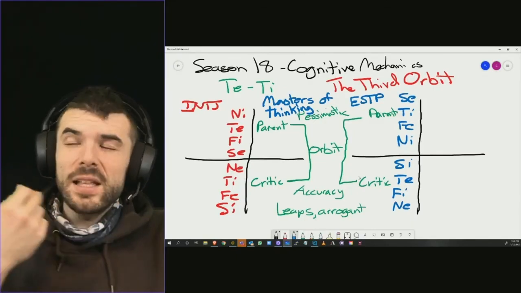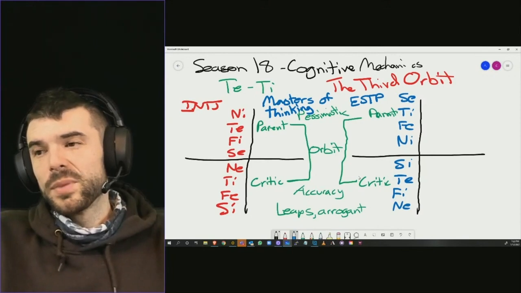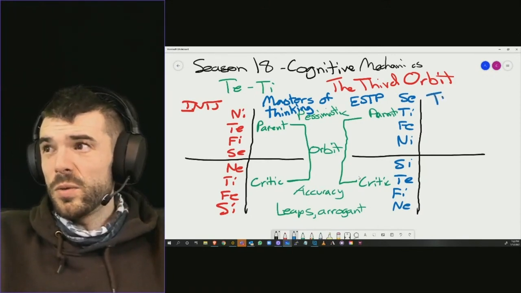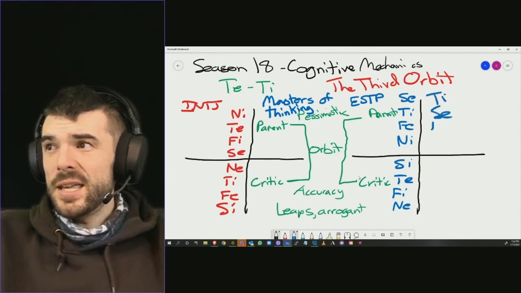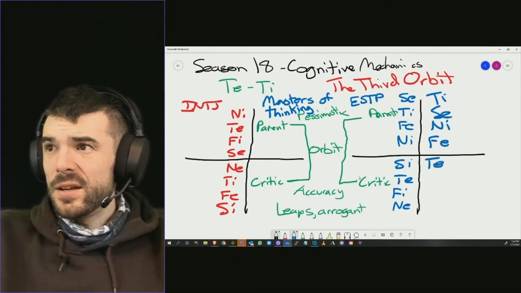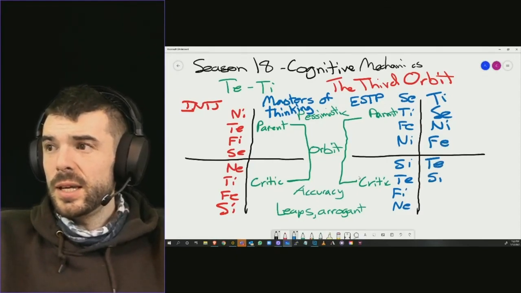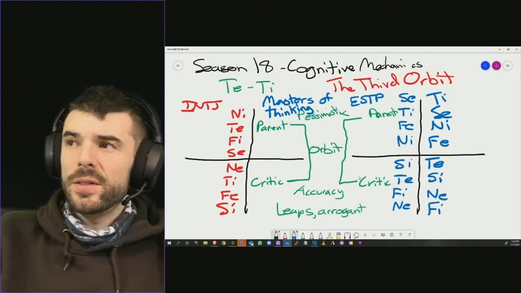But let's imagine there was an ISTP. Let's look at an ISTP over here, right? TI, SE, NI, FE on this side, and then you have TE, SI, NE, and then you have FI on this side.